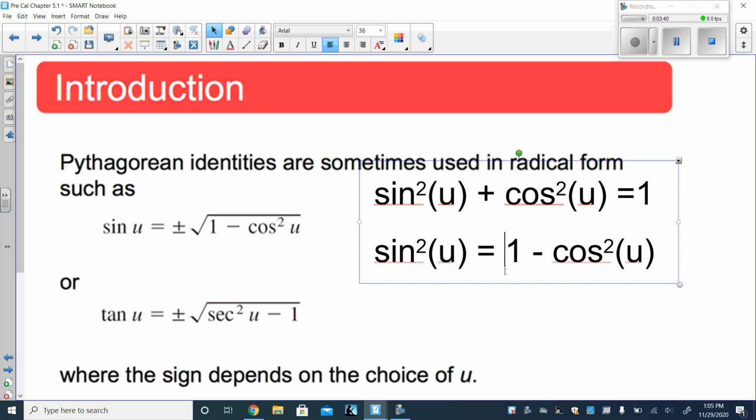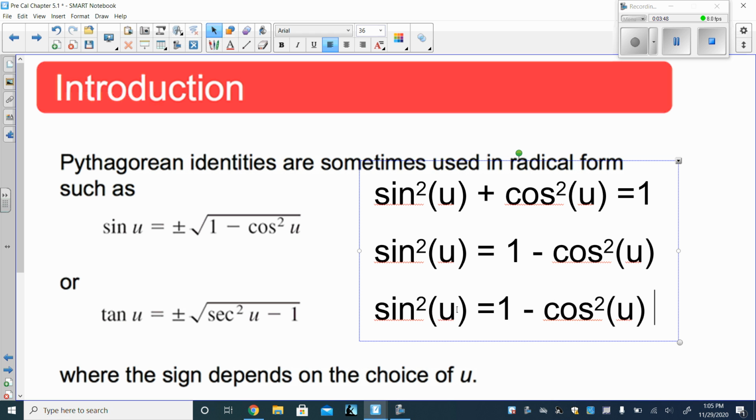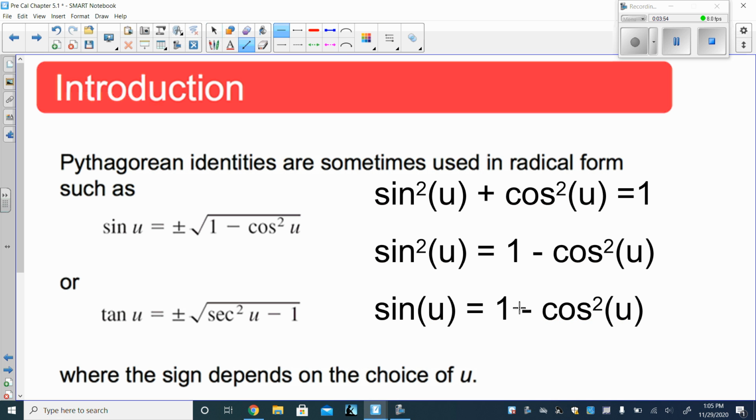Now at this point, we still have sine squared. So to get rid of sine squared, we're going to take the square root of both sides. When we square root a square, it will simplify. And over here, we'll get the square root. Now again, when we square root both sides, we have to include the plus or minus, which they did here.